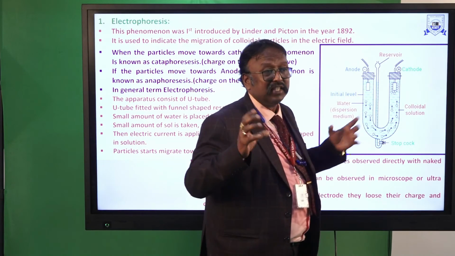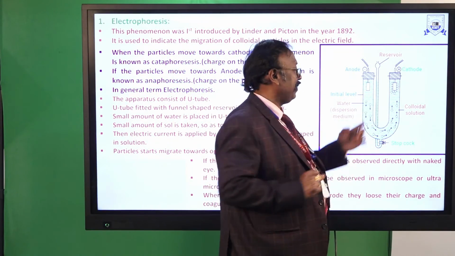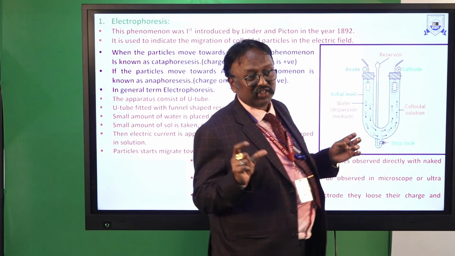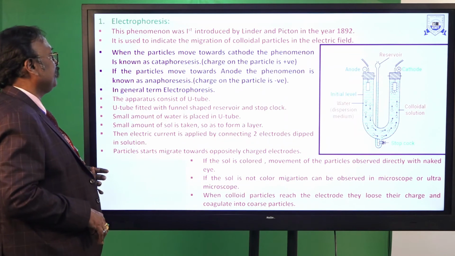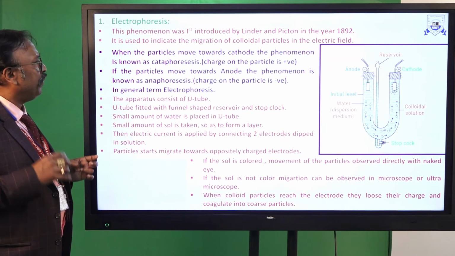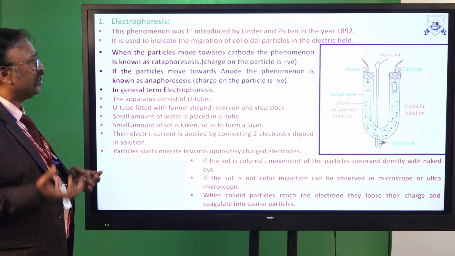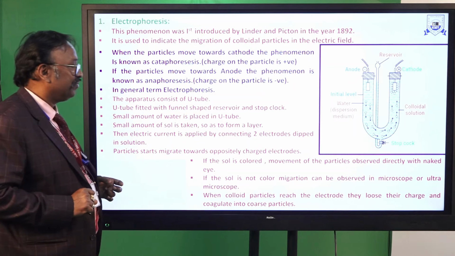When the electric current is passed, the movement of the particles takes place. Negatively charged particles move towards the anode and positively charged particles move towards the cathode. In this way, this method is called electrophoresis.